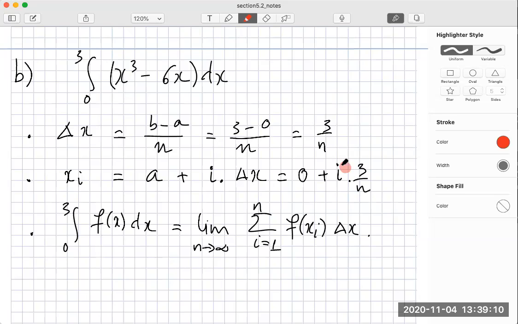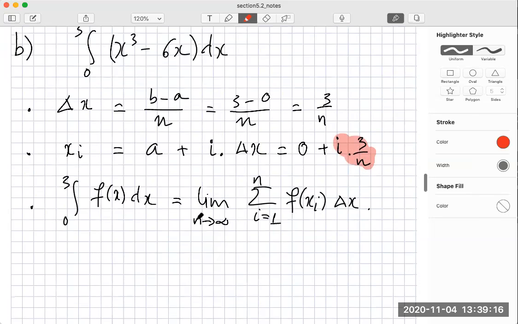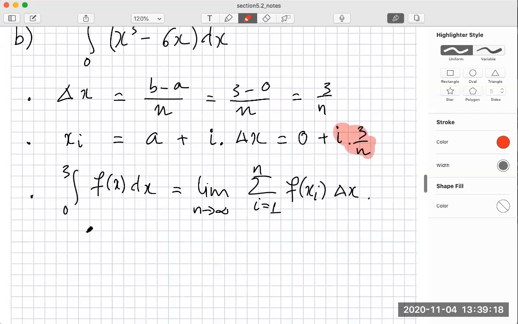In this case, it is i times 3 over n. Right? From the definition, we know that the integral from 0 to 3 of this function would be the limit as n approaches infinity of the sum from i equals 1 up to n of the function f at the points xi times delta x here, right?